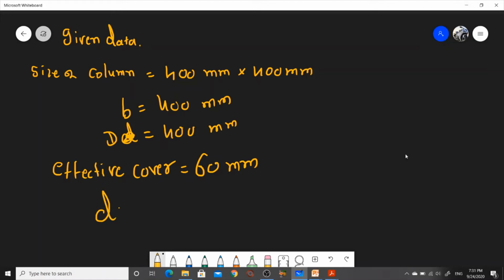So the effective depth is 400 minus 60, which is 340 mm. These are the effective depth.